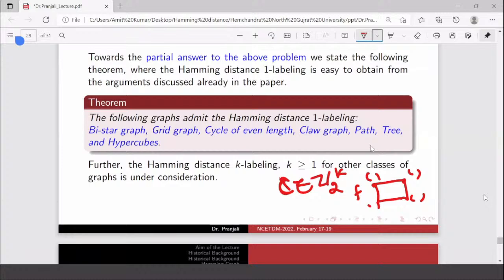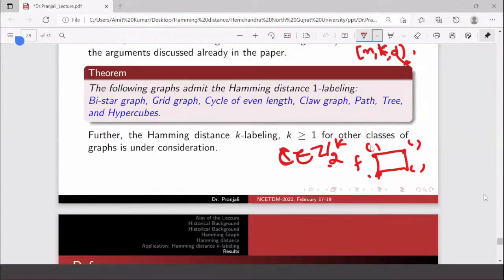Suppose C has 4 codewords, then I can send that code with the help of a graph which has 4 vertices, and for whichever distance D we want to send. This K denotes the Hamming distance D. If Hamming distance D is equal to 2, then my graph should admit the Hamming distance 2 labeling. I am not bothered about the non-adjacent pairs. They can be at distance 4, but whenever there is an adjacency, the distance should be 2 only.